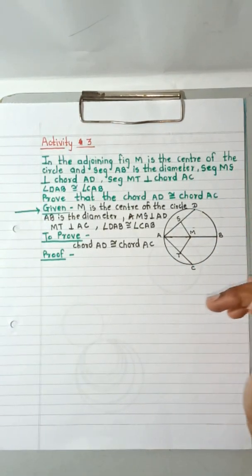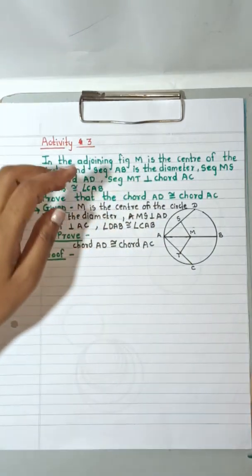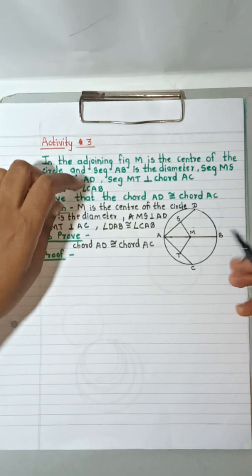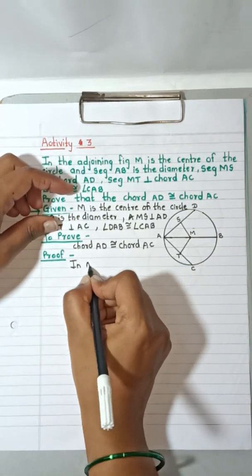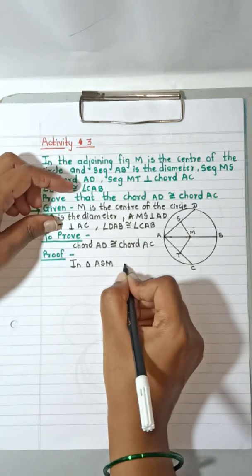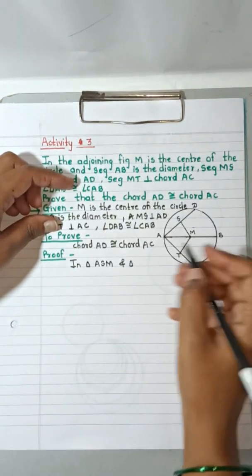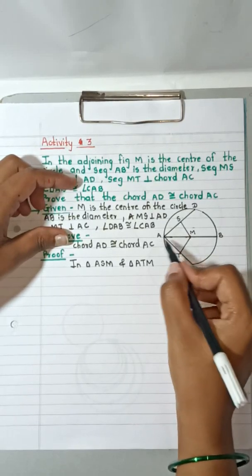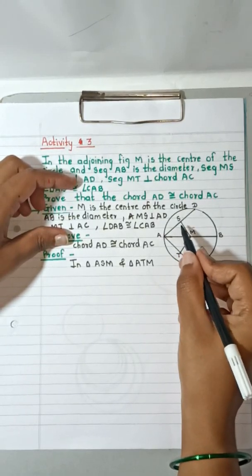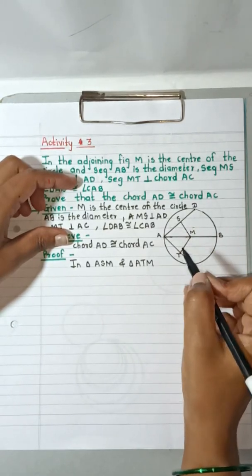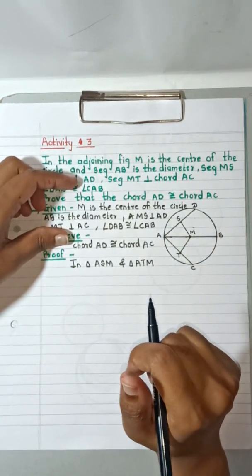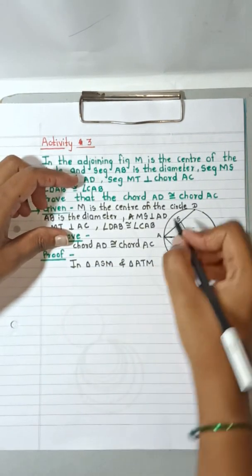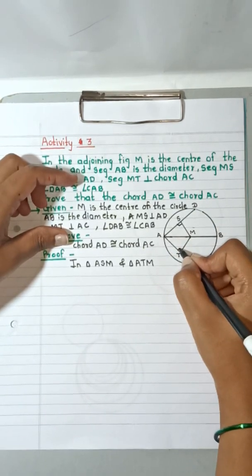Now children, here you can see there are two triangles, triangle ASM and triangle ATM. Let us consider both triangles. In triangle ASM and triangle ATM, angle AMS and angle AMT are both 90 degrees, as this is perpendicular on this and this is perpendicular on this.